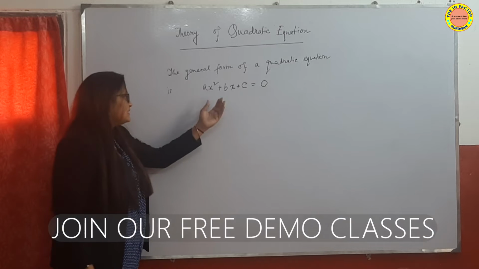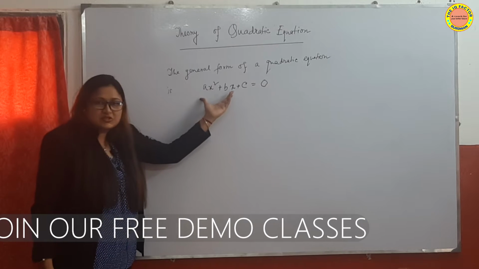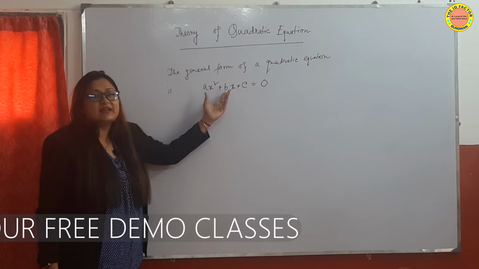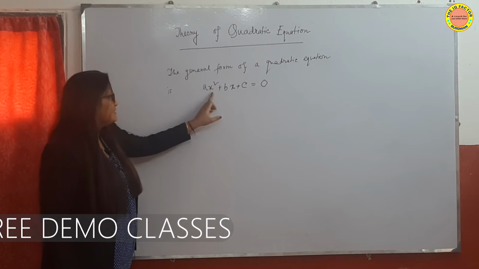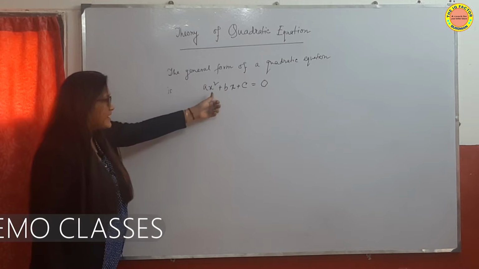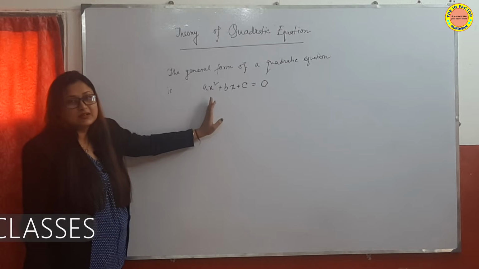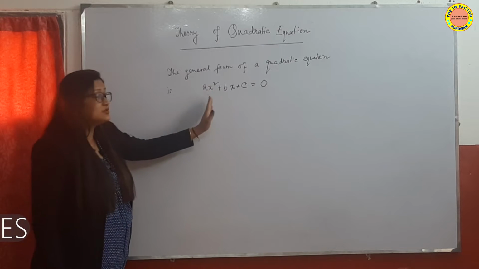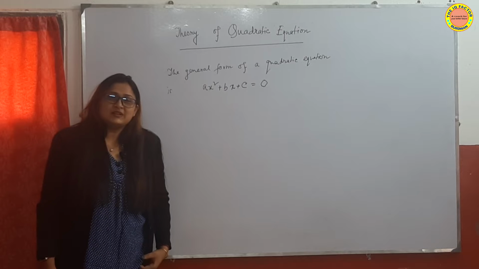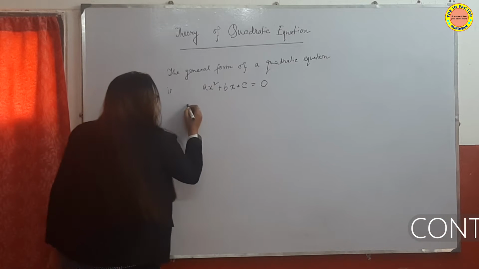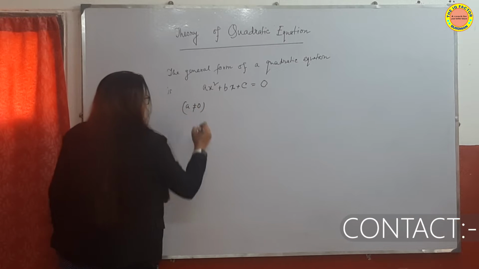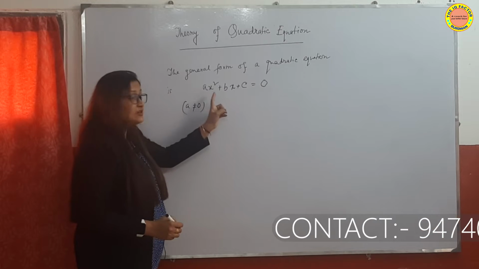So it is basically an equation of second degree. So here the unknown number x, the degree of x is 2. So when the degree is 2, it is called quadratic equation. Here a not equal to 0 is the coefficient of x square.